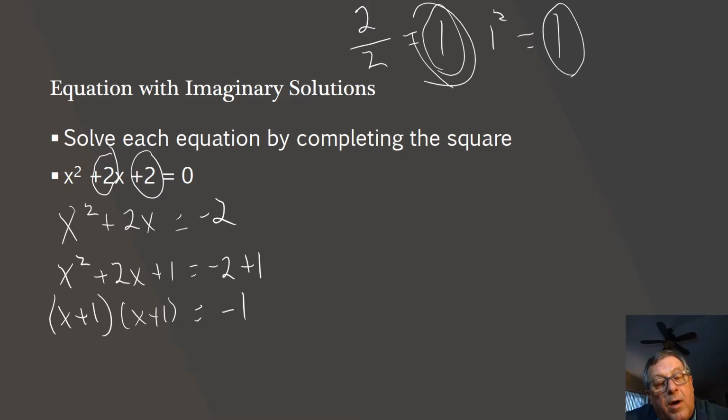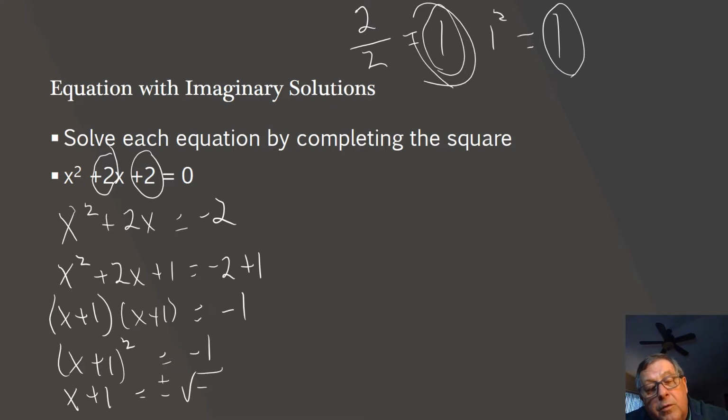And now we're going to rewrite this as x plus 1 squared equals negative 1. And now we're going to take the square root of both sides. And when we do, the square root of x plus 1 squared is just going to become x plus 1. But on the right-hand side, we now have plus or minus the square root of negative 1.